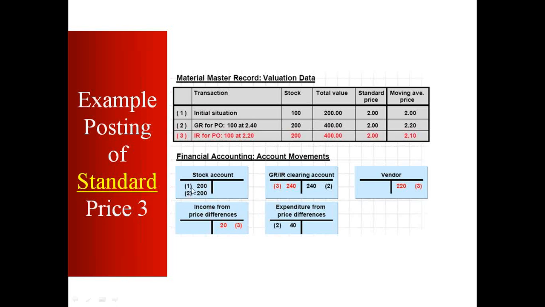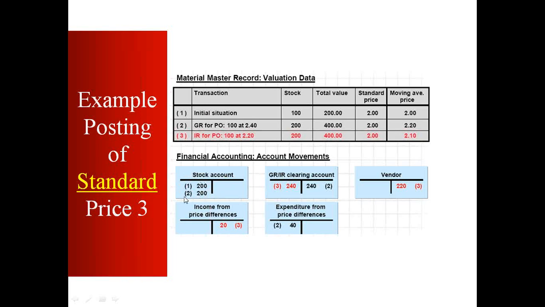The basic thing is that it doesn't matter what the price was in the purchase order or the invoice received, the system will always post the standard price to the stock account, and the difference will be posted in the other accounts.